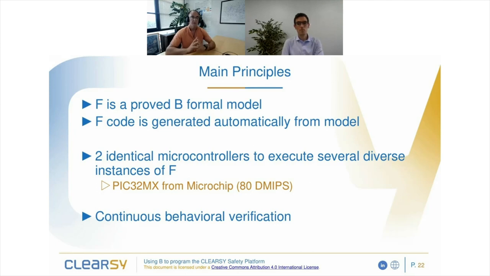It's not required by our safety demonstration. We can afford to use the same microcontrollers to reach the highest safety level. And the power that is available is around 80 million instructions per second. And there is a continuous behavioral verification for this green and red thing.